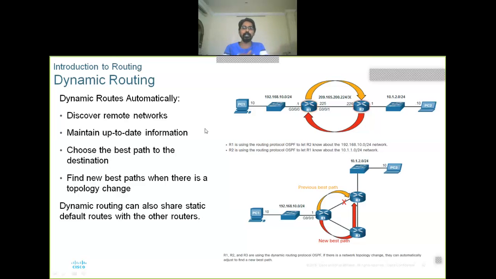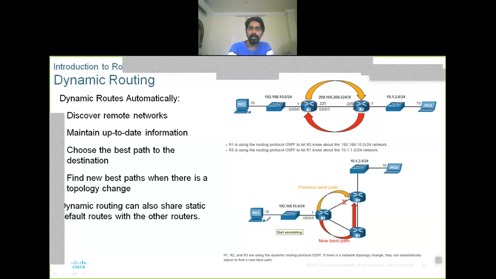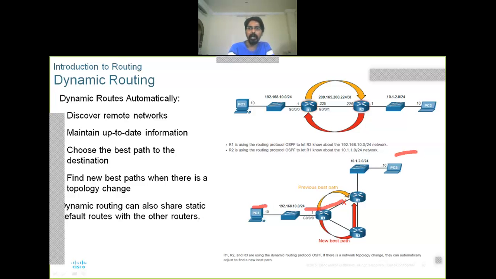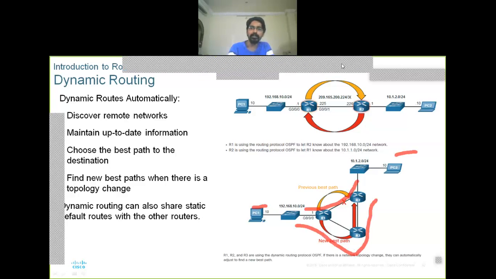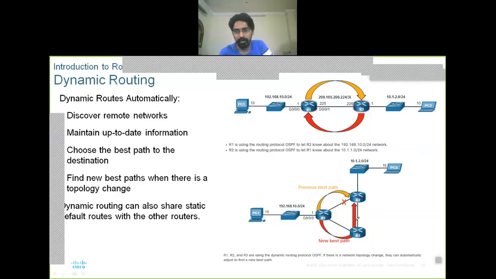Right. When a new route is established, consider this case. Consider the second diagram. PC1 has a connection to PC2 through R1, R2, or R1, R3, R2. So there are two ways we have a connection to PC2. But what is the need of this extra route if this route is already there?